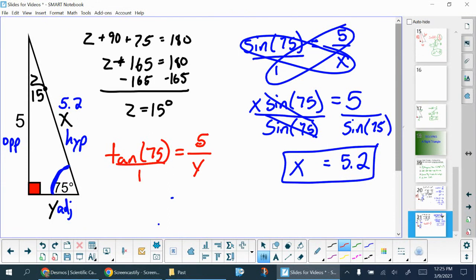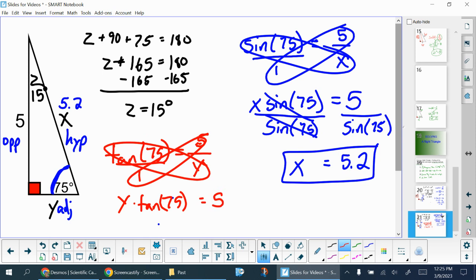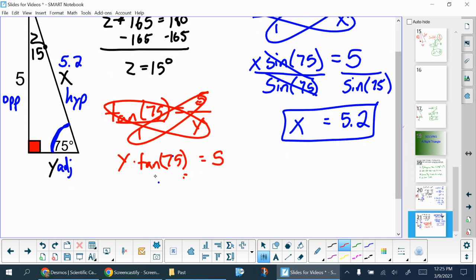I'll go ahead and turn that into a proportion and cross multiply. So y times tangent of 75 equals, 5 times 1 is 5. And then I can divide by the tangent of 75.